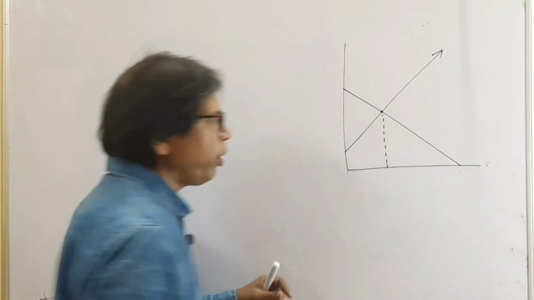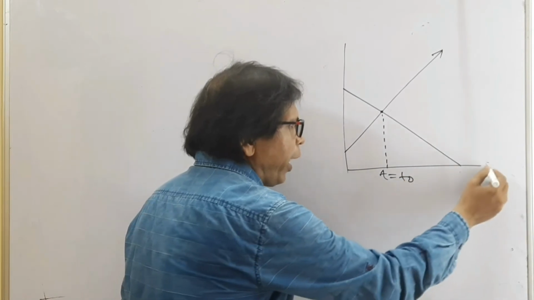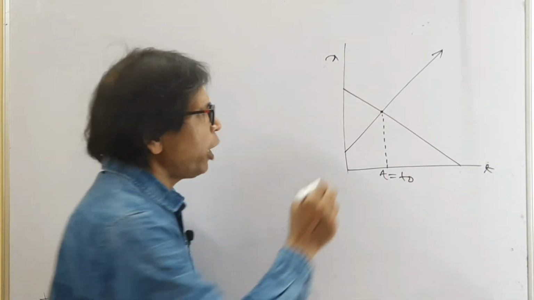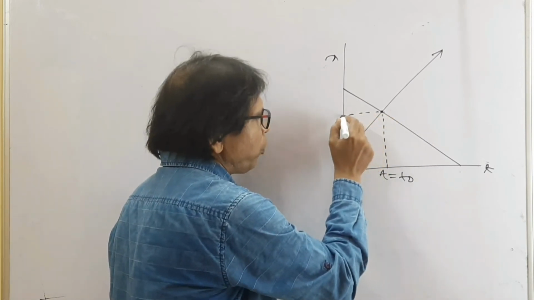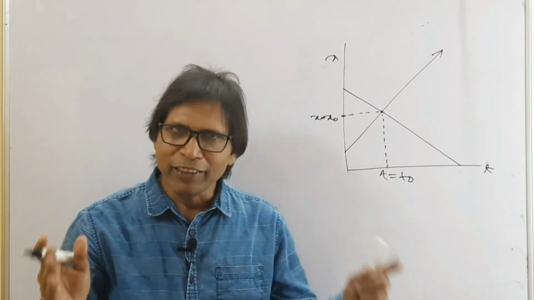At the time t equal to t naught they meet each other, and the meeting point of the position is x equal to x naught, okay, understood?